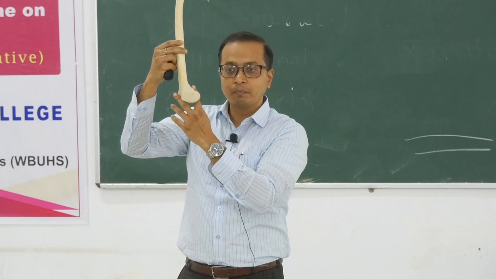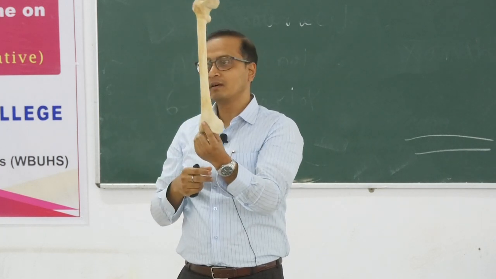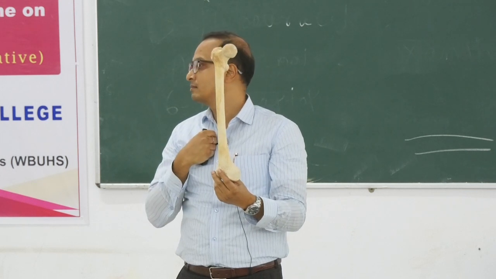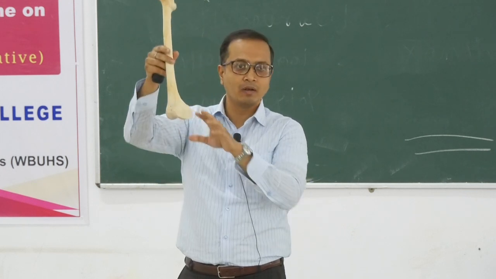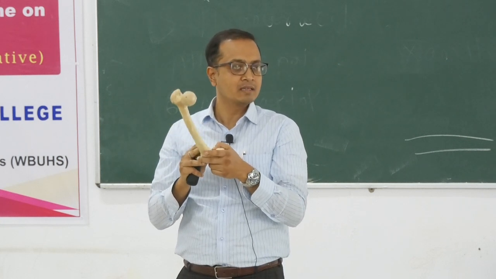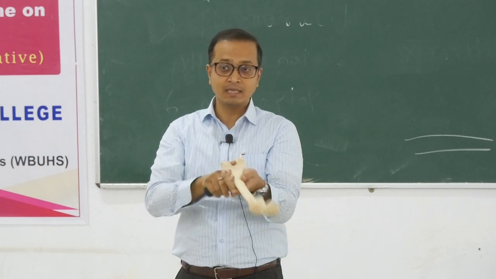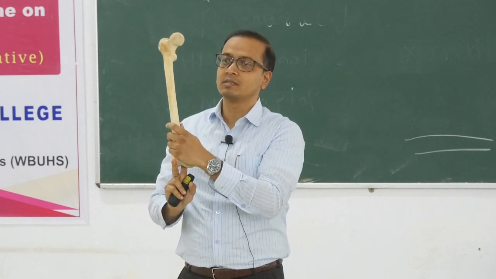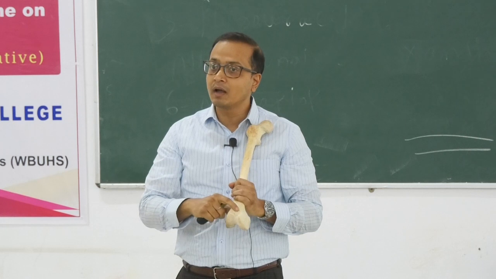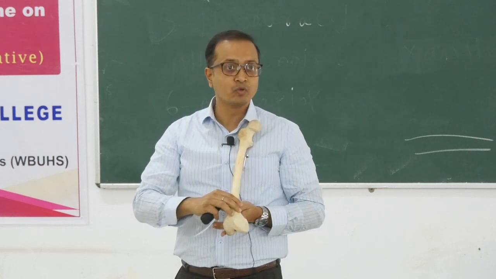This space, the intercondylar space, should be on the back side or posterior side. So this notch where I am placing the fingers should be on the posterior side. Anteriorly it should be continuous. Posteriorly it has a gap. So this gap should be on the back side.